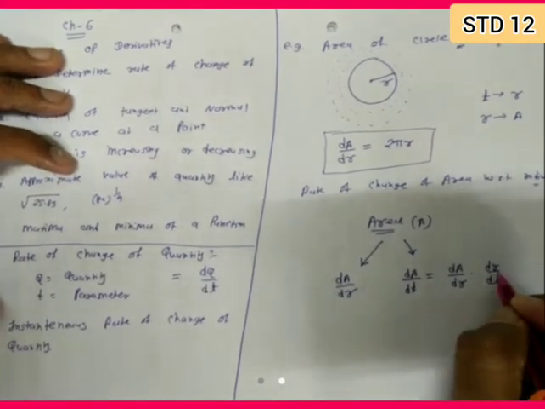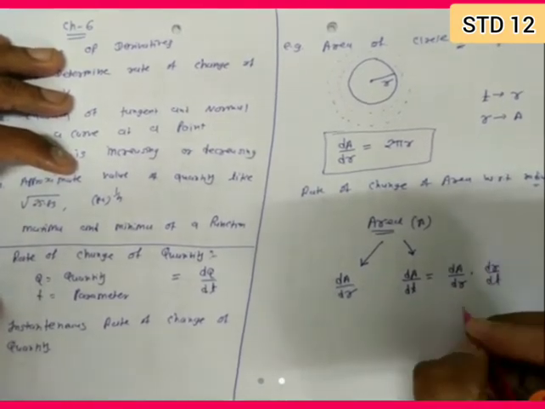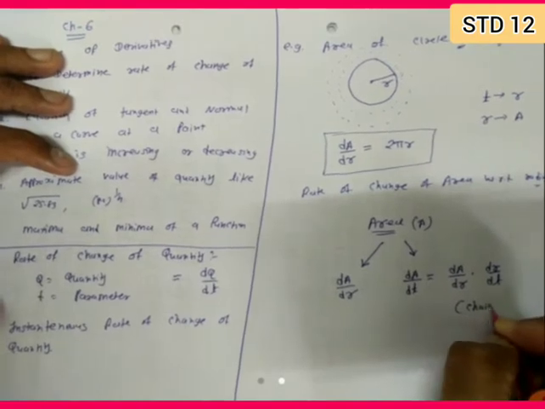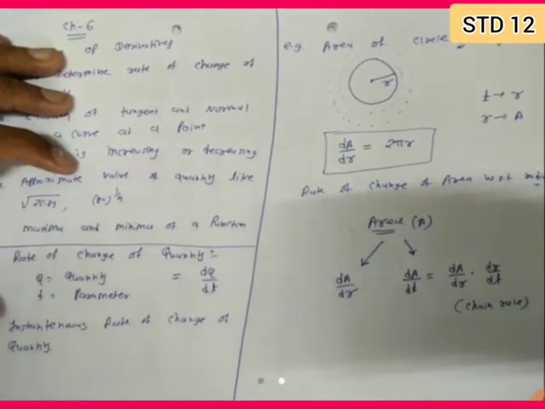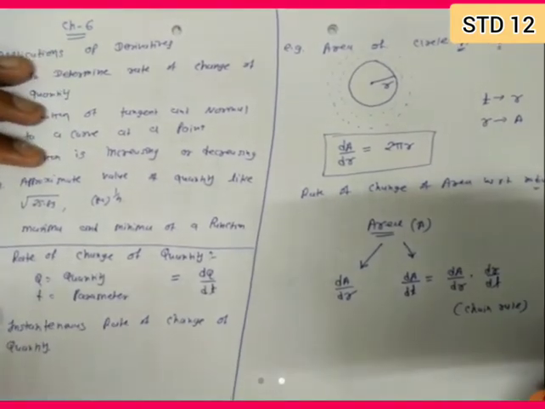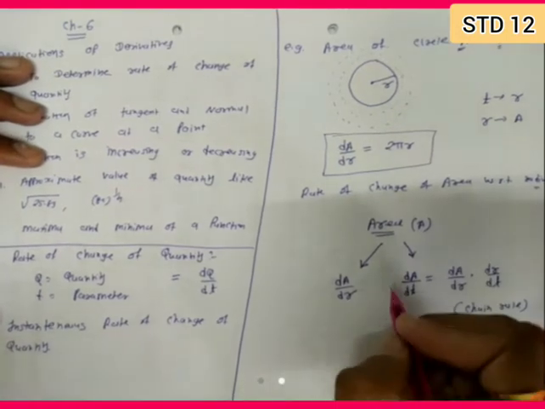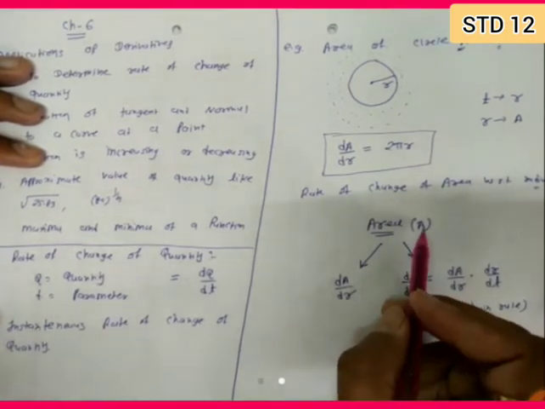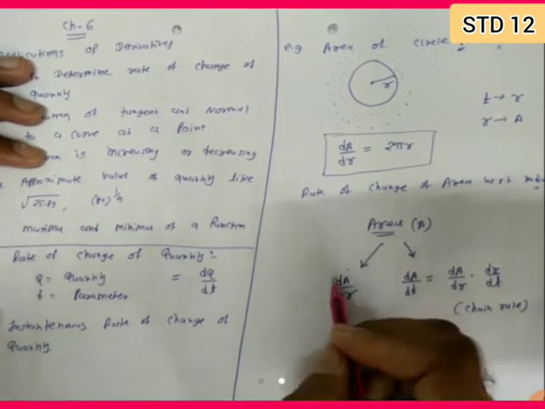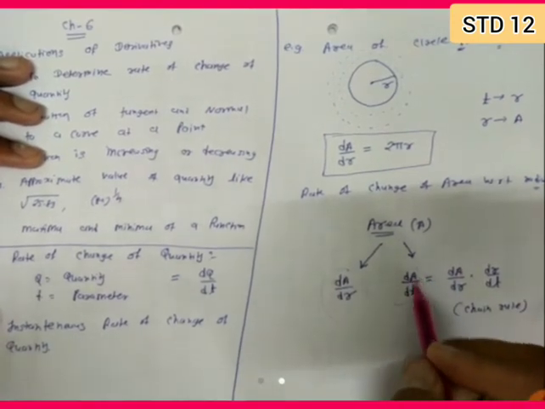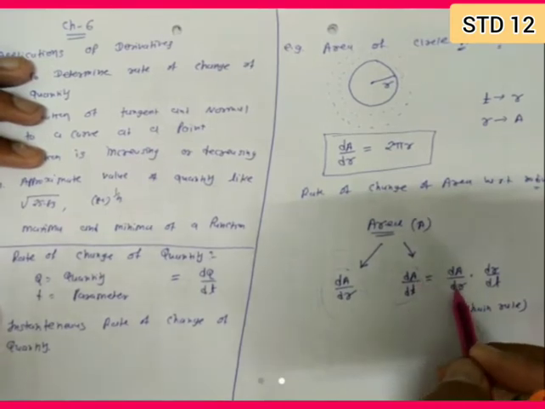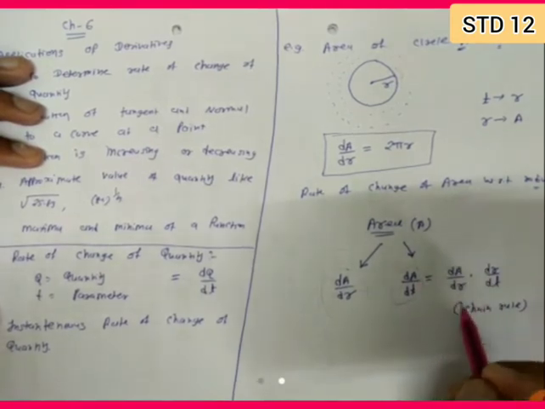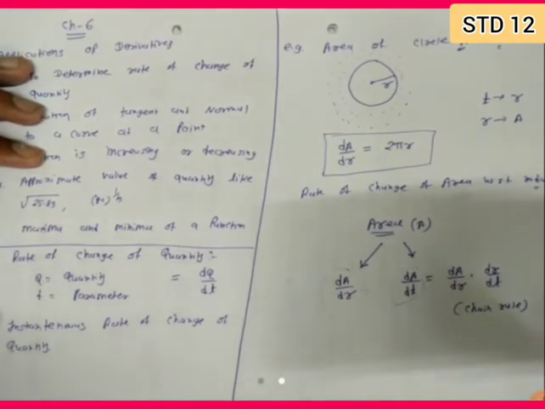Therefore, the rate of change of radius with respect to time. That means we have to apply the chain rule to find this rate of change of quantity. Clear? So two possibilities are there. The area of the circle may change with radius, or the area of the circle may change with time. Area changes with radius, and also radius changes with time, so that can be obtained by using the chain rule.